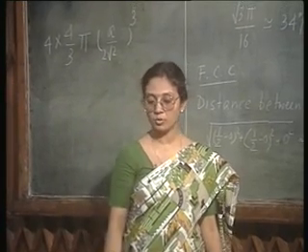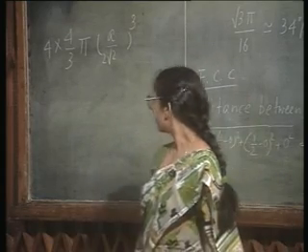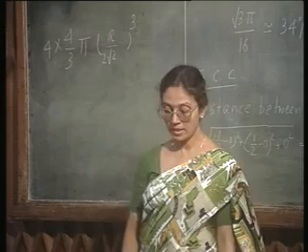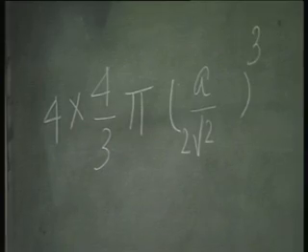Therefore, the total volume that is occupied is 4 into 4 by 3 into pi into a by 2 root 2 cube.